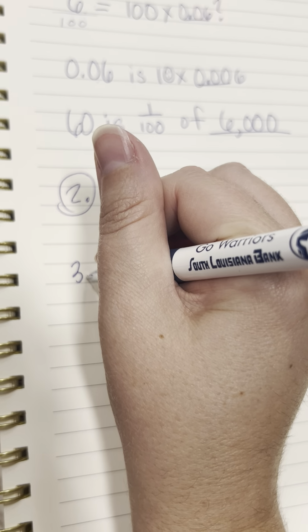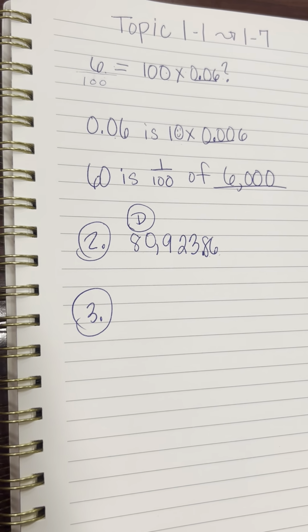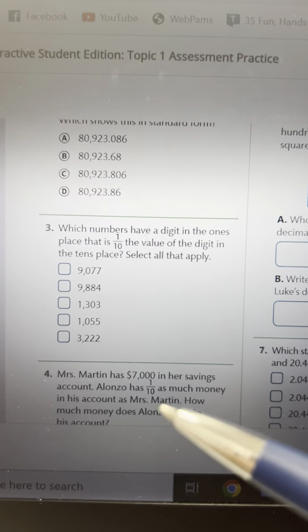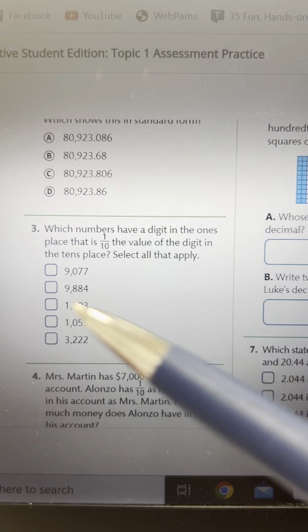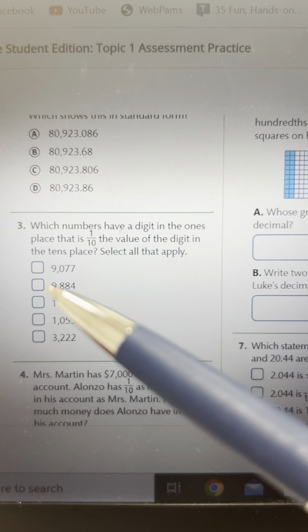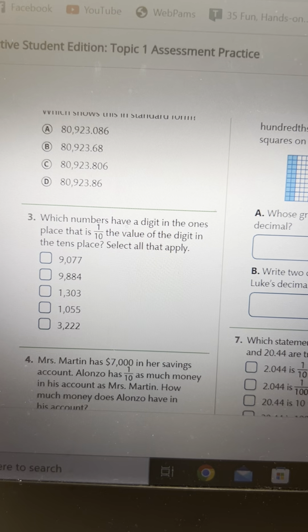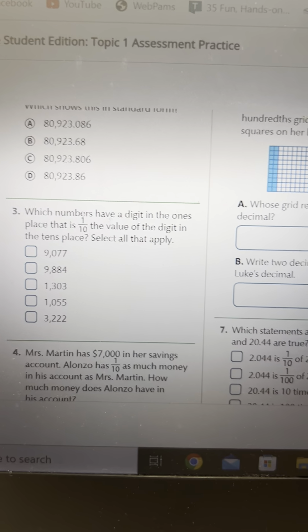all right, number 3. Number 3 says, which numbers have a digit in the ones place that is 1/10 the value of the digit in the tens place? Now the kids in the class were like, what does that mean, Miss Katie?